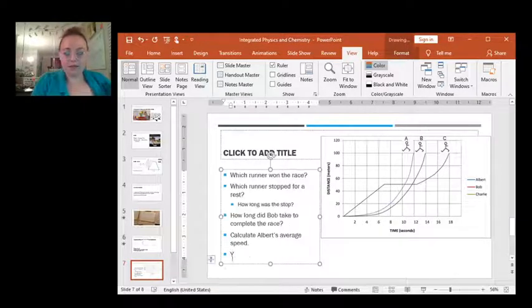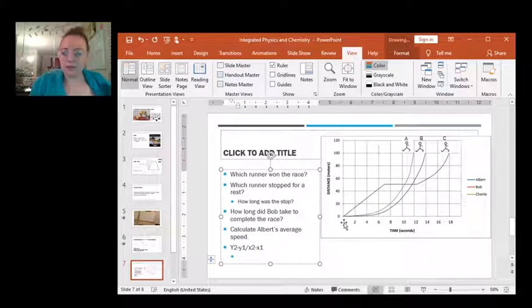If we have y2 minus y1 divided by x2 minus x1, and we set that up so that our 2s are 100 and 12, so 100 is y, 0 is the 1, divided by 12 minus 0.